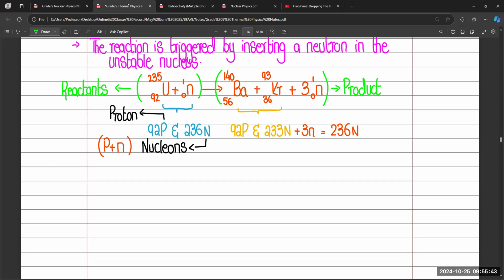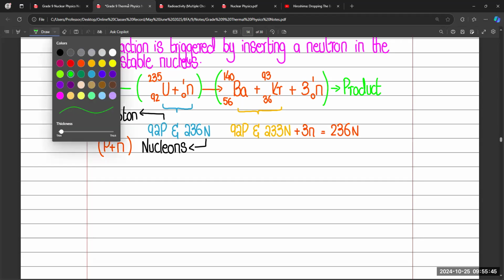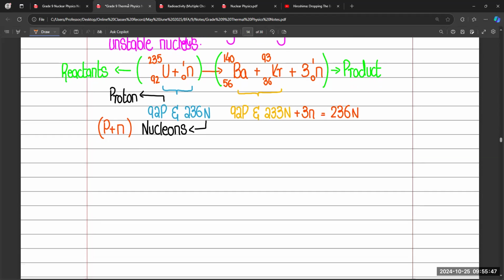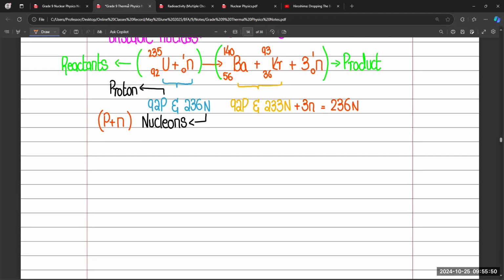In the same way, let's consider one more equation. Let's suppose there is another possibility. Just like we studied at the start, it is not compulsory that one nucleus can only emit alpha or only emit beta. There are multiple possibilities, right? So another possibility for uranium is like this.